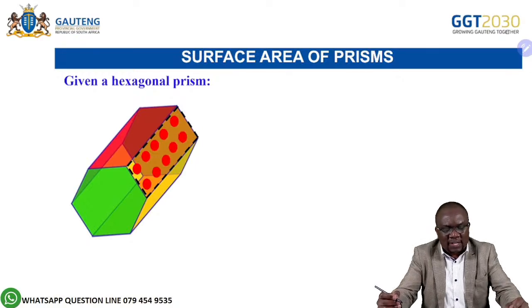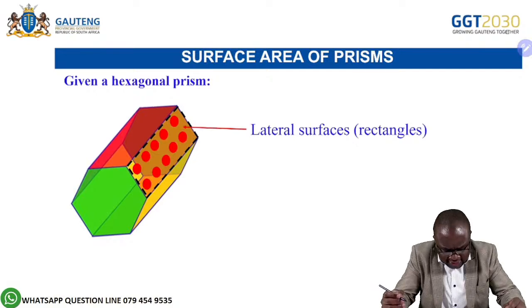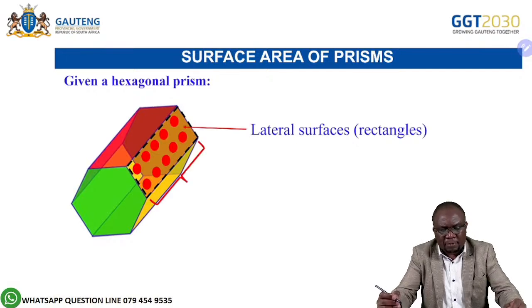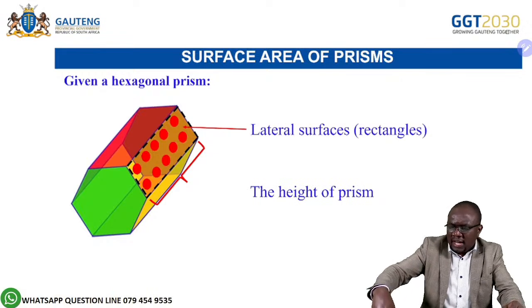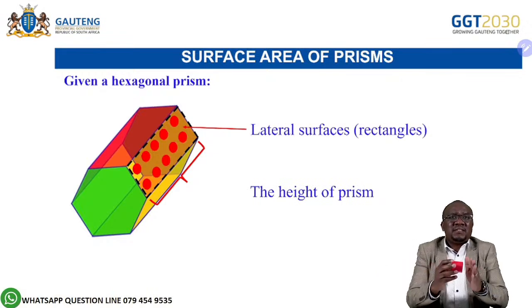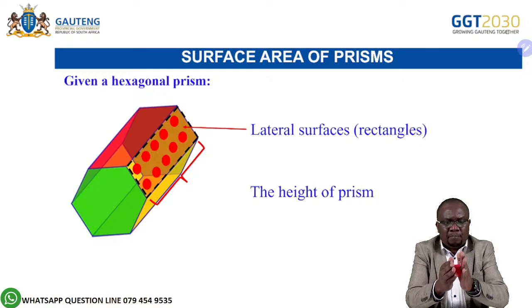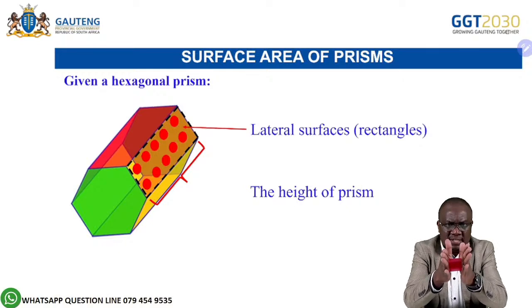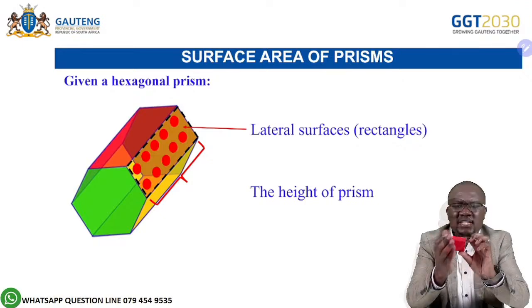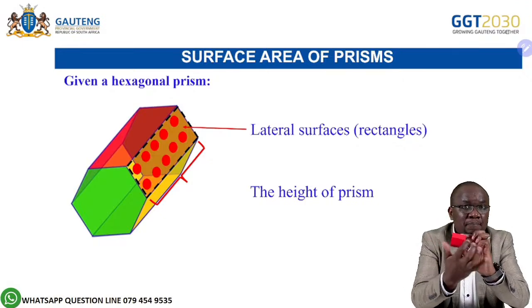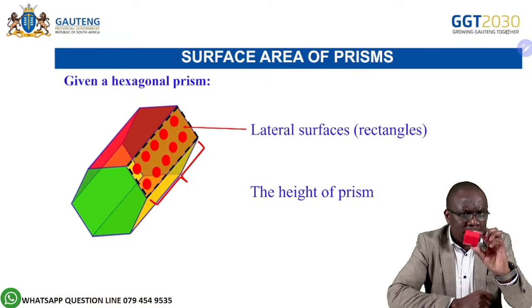And then we have the height of the prism. I want us to talk about the height of the prism. This is the distance between the bases. There's a base here and a base here. This gap between the bases is the height of the prism.